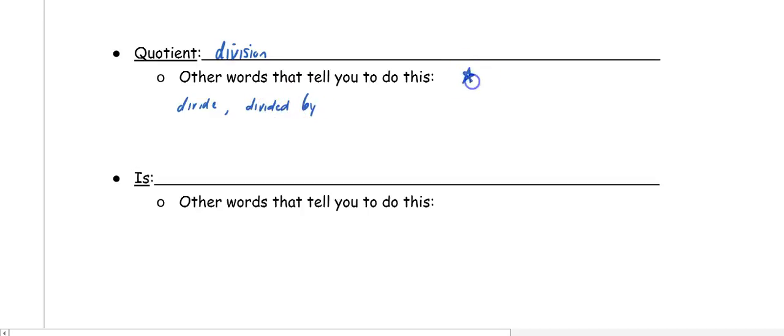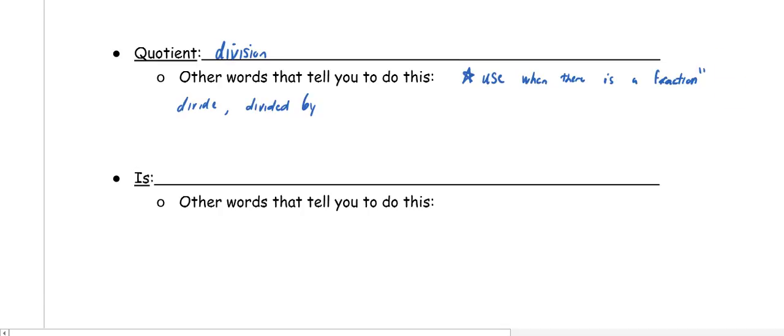Anytime that you see a fraction, we're also going to use the operation of quotient. So for example, if we had 4 over 5, we could also say 4 divided by 5.